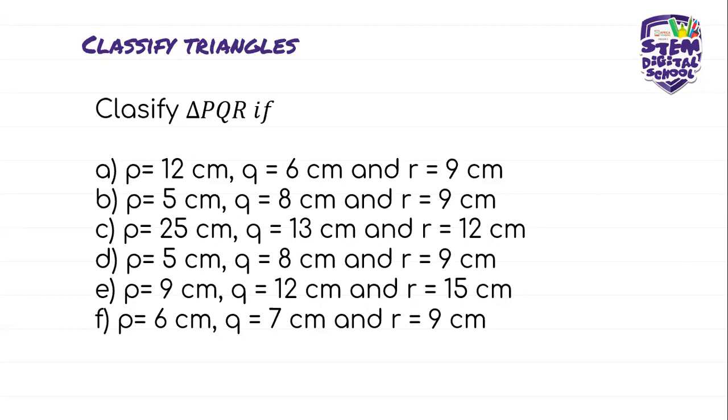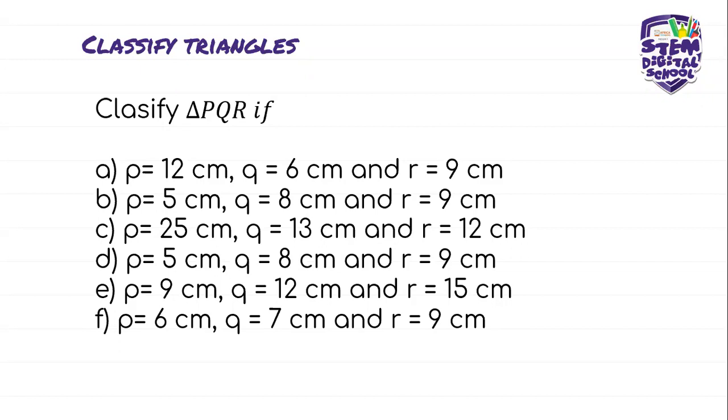Yes, once more, Nosipo, please go ahead. Okay, so for the third one, I took the 25 because it's the bigger number, and I said 25 squared equals 13 squared plus 12 squared. Great step. And then I broke it down, sir: 25 squared gave me 625, 13 squared gave me 169, plus 12 squared gave me 144.